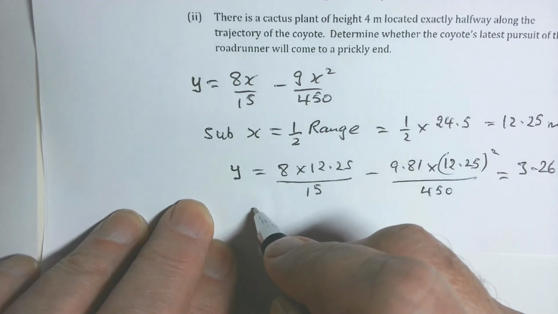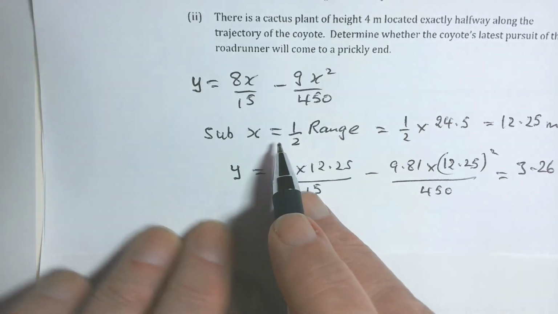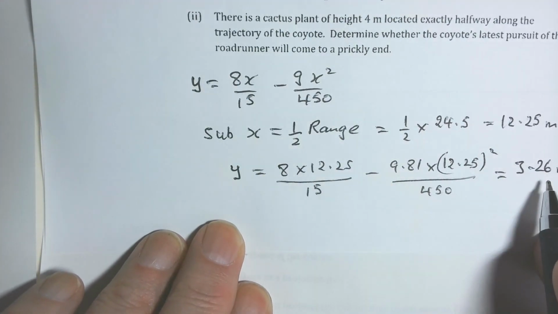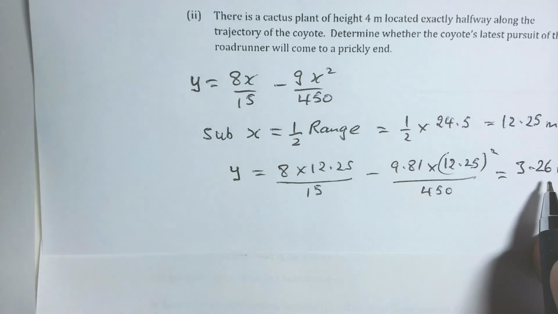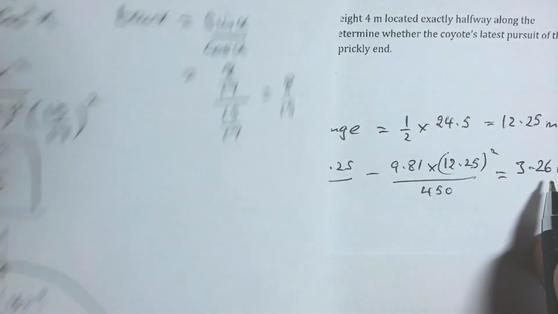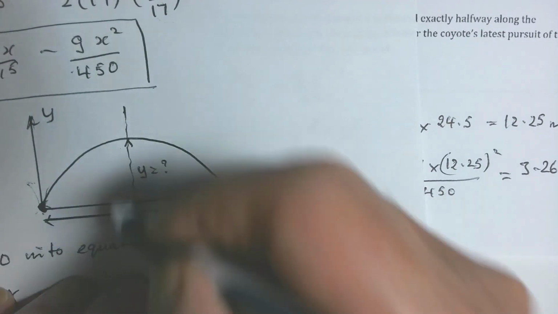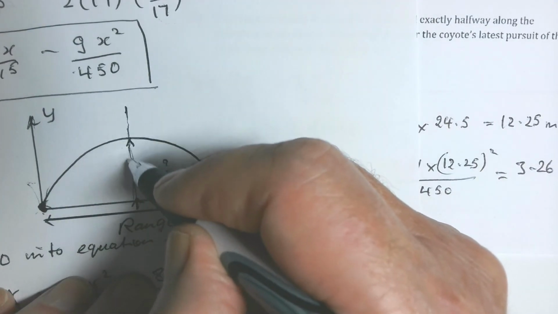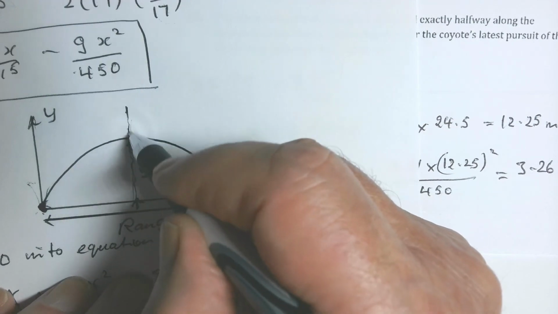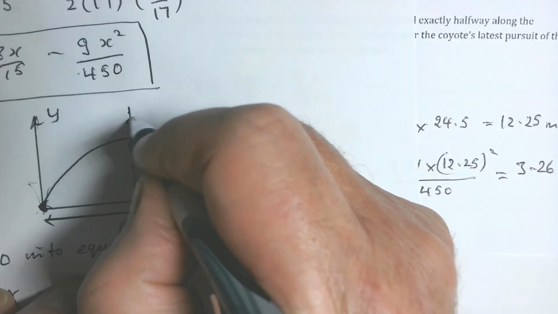So the answer is no, it doesn't. That's below the point. The cactus plant grows to a height of 4 meters, doesn't it? So the trajectory is going to be below the height of the top of the cactus.